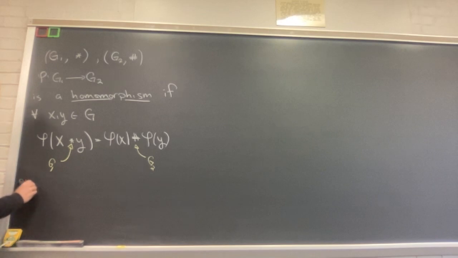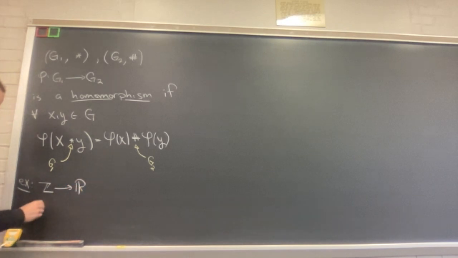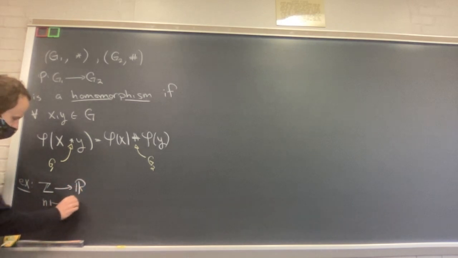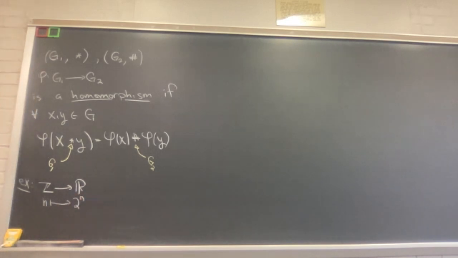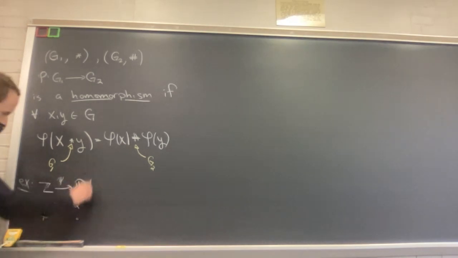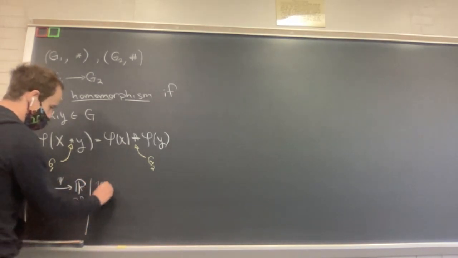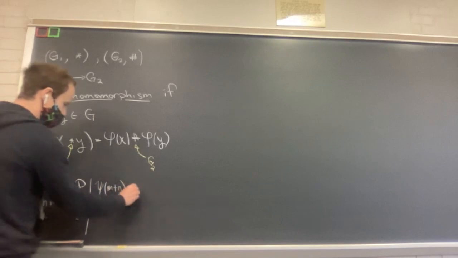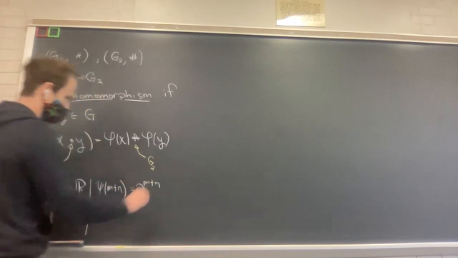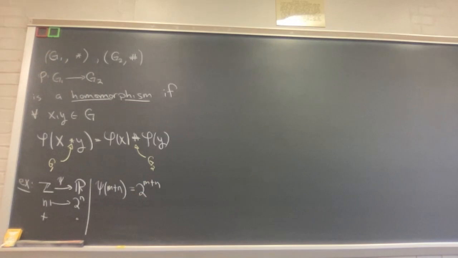One example would be this map from Z to R, which goes n to 2 to the n. We've got addition over here, and multiplication over here. Let's call this map psi. Notice that psi of m plus n is equal to 2 to the m plus n by the definition of psi.